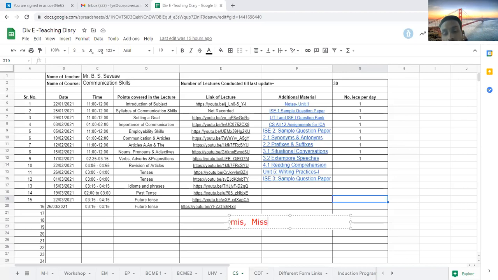This is not the expected or correct answer. You are expected to write words with mis as the prefix. If you remove this prefix, what will remain? Only the root will remain, and that is not going to be correct. So you have to answer like misunderstand, miscommunication, misbehavior, mismanagement, miscarriage, mispronunciation, something like this. There are a lot of words. Simply try to understand, but there should be a root word for this. Then only it will be okay.